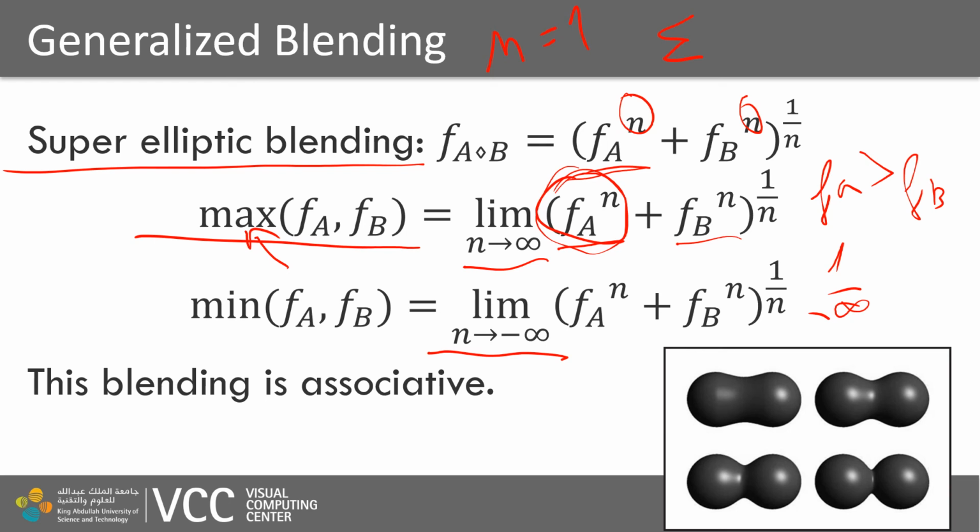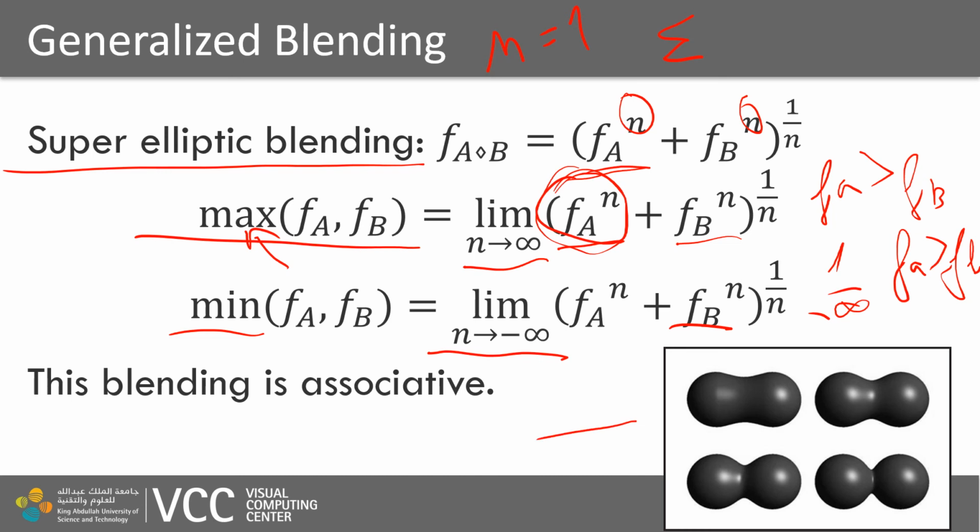And in case the FA is bigger than FB, in this case, the FB will dominate, and we will have the min value of FA and FB, which means that the minimal value is actually defining the intersection between A and B functions.